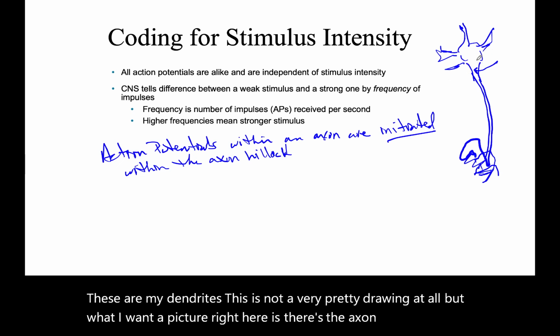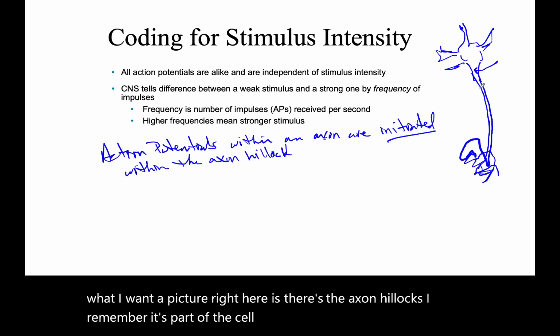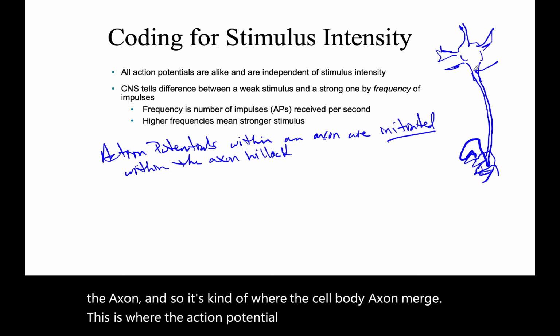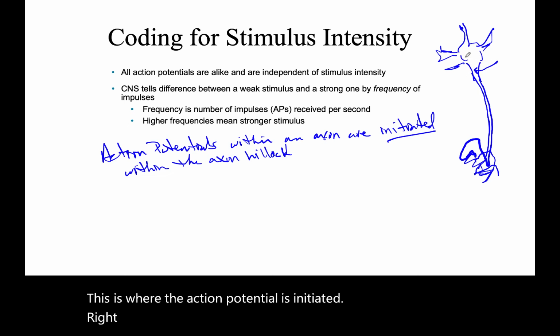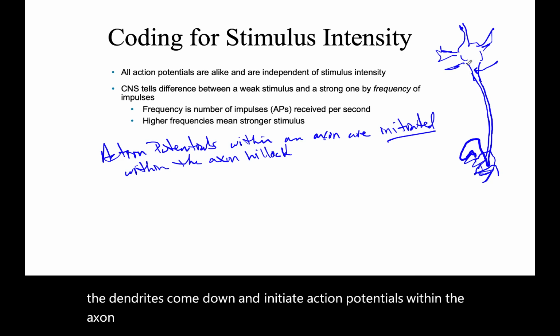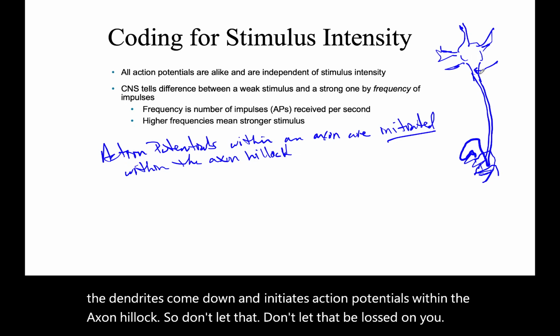Remember, it's part of the cell body, but it's the initial segment of the axon. So it's kind of where the cell body and the axon merge. This is where the action potential is initiated, right there. So those neurotransmitters that are being received by the dendrites come down and initiate action potentials within the axon hillock. So don't let that be lost on you. That's where all of this is happening.